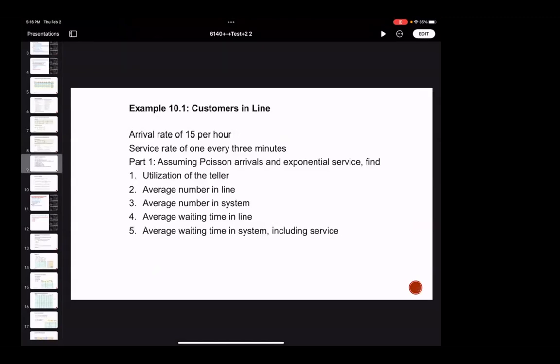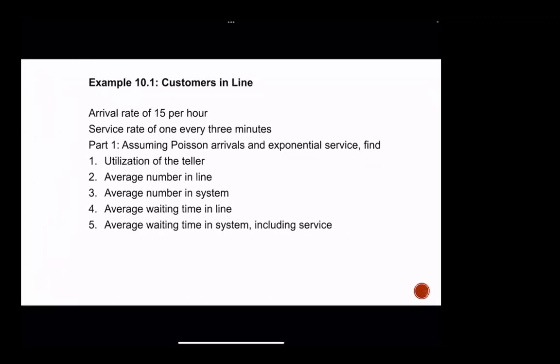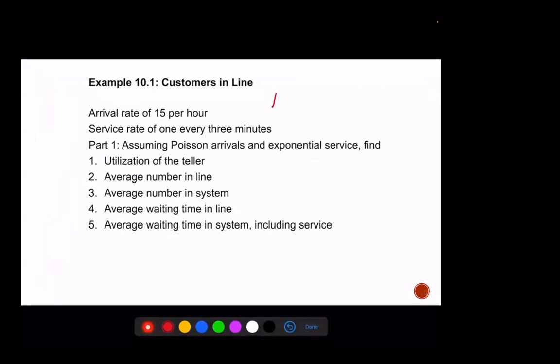We know that lambda is 15 per hour. Whenever you want to calculate the waiting time or the average number, you need to use hours as the unit. And we know the service rate is 1 every 3 minutes, so per hour it will be 20.